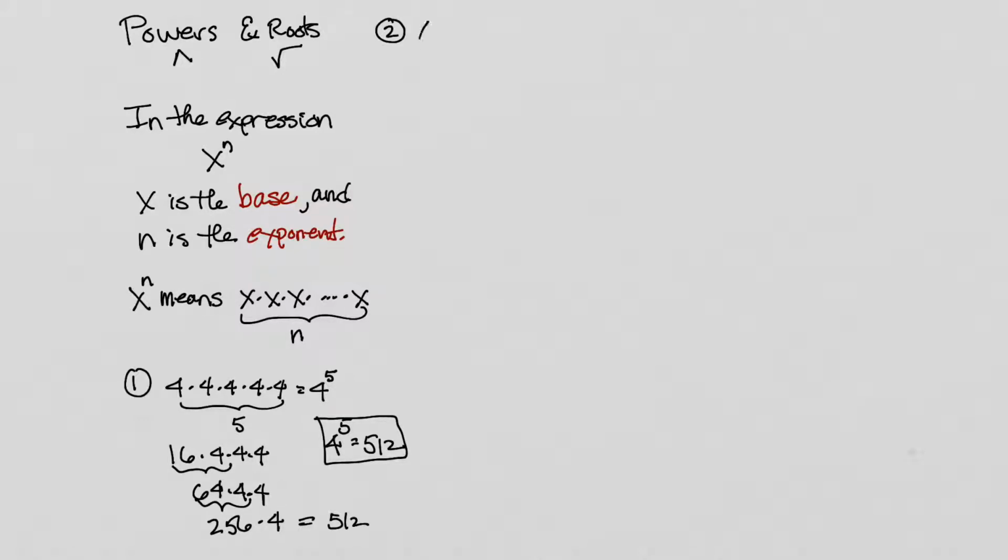Let's look at something that's got a variable in it. What if we have 3y times 3y? I've got 3y appearing 2 times, so we could write this as quantity 3y, squared. Now let's notice something here. This is not equal to 3y squared, because in this case the exponent of 2 applies only to that base, the y.